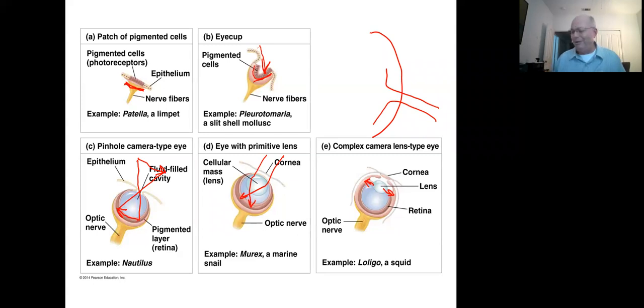So wrap your head around that one for a moment. Not only do they have an eye similar to ours and functionally equivalent to ours, it's actually in many ways a better design, because the optic nerve and the blood vessels that supply the retina don't interfere with the ability of the retina to capture light energy.